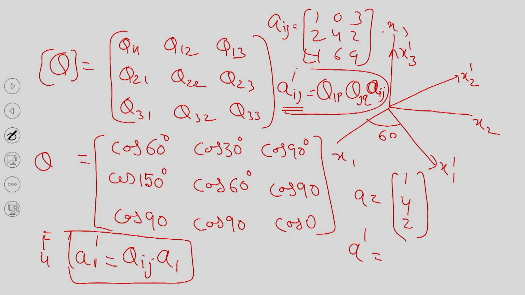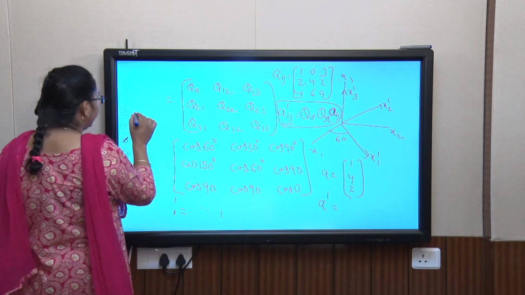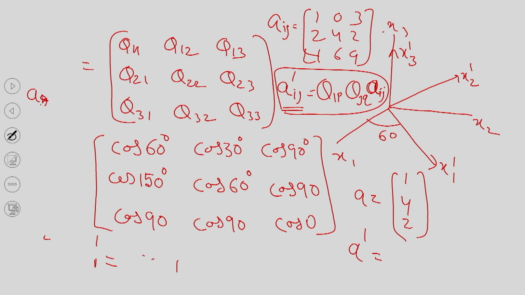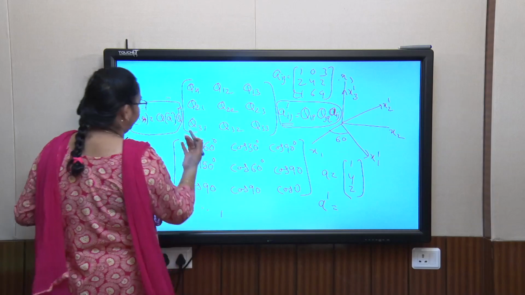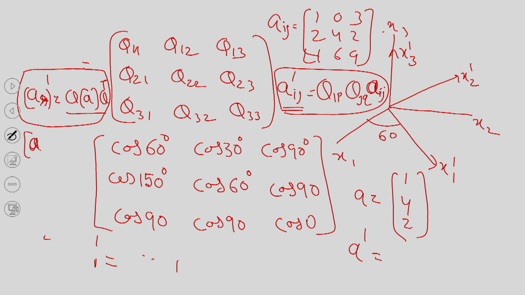This is the index form, but if you are interested in matrix form, then A dash will be equal to Q A Q transpose. So, you put the Q matrix, then the A matrix, then the transpose of the Q matrix, multiplied together, and you will get the A matrix along the transformed coordinates.